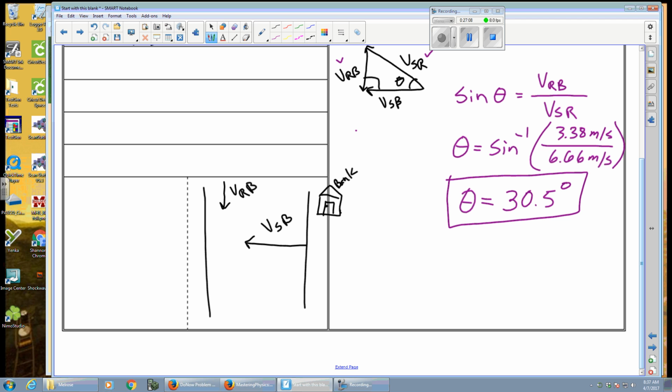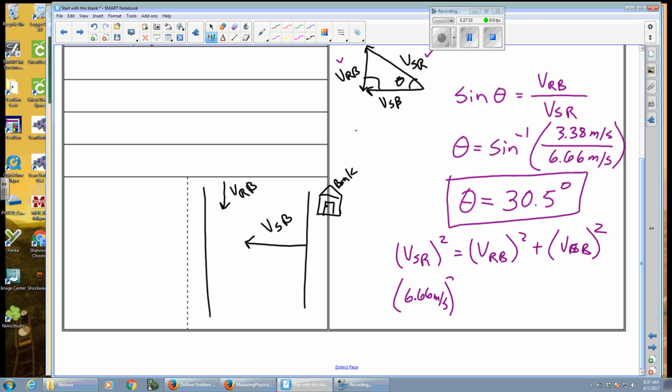And for that, I'm going to use Pythagoras. So VSR, because that's the hypotenuse, squared equals VRB squared plus VSB squared. And I know this one, that's my 6.66. This one is my 3.38.